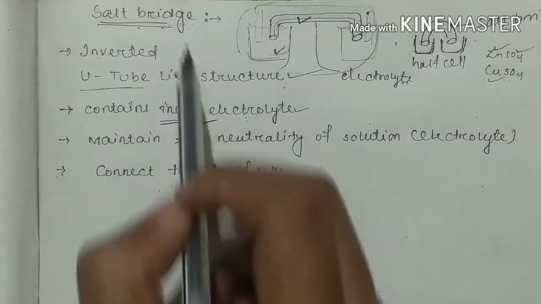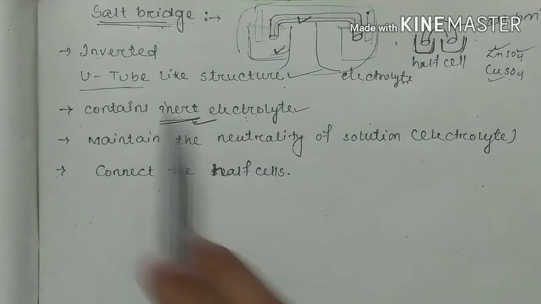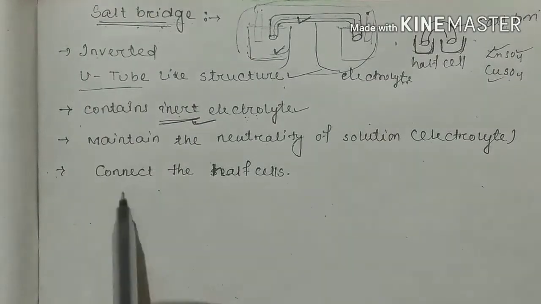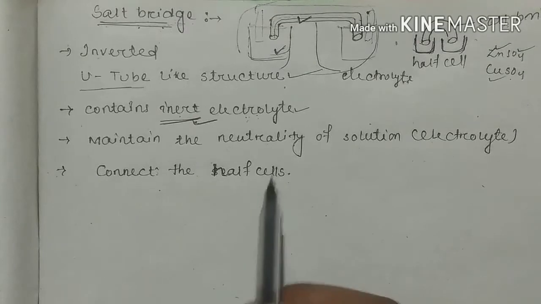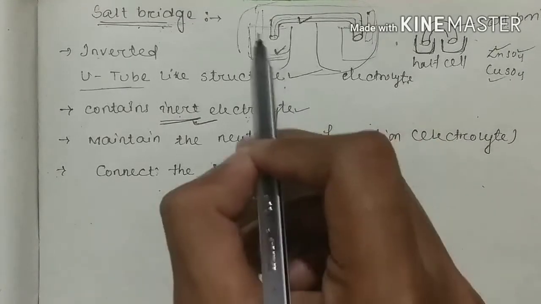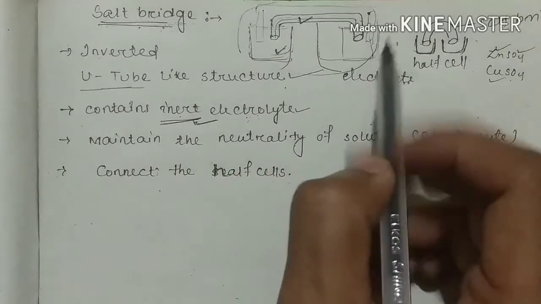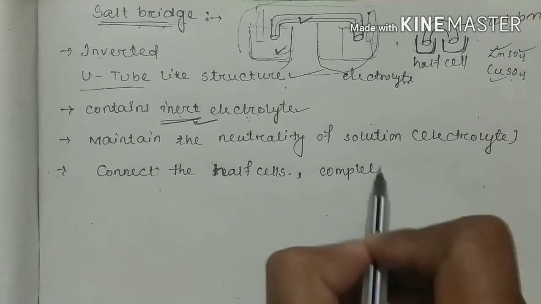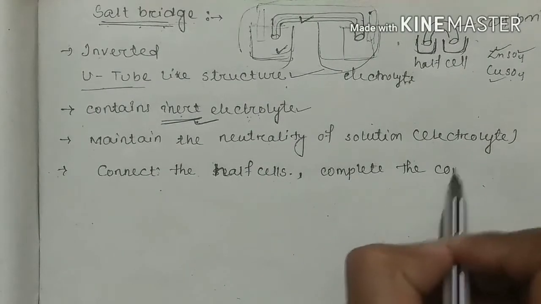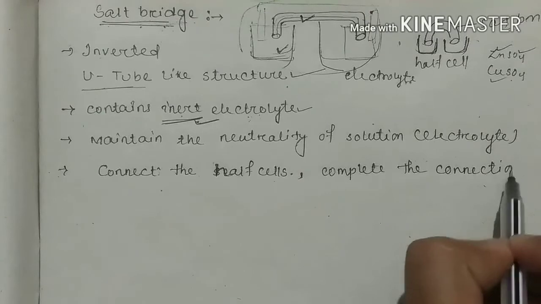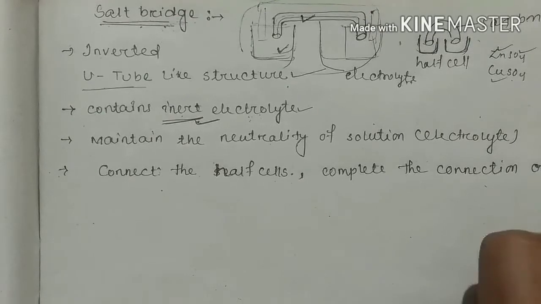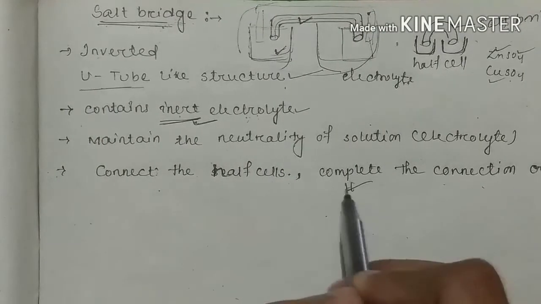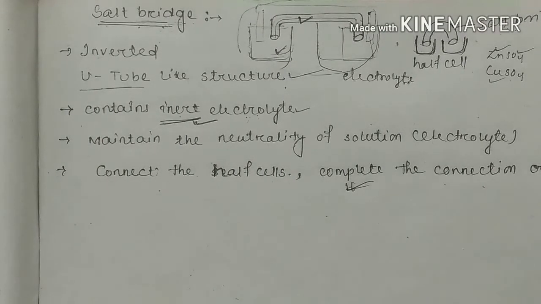Now the salt bridge connects the half cells. What does it do? It connects the half cells, so it completes the circuit.